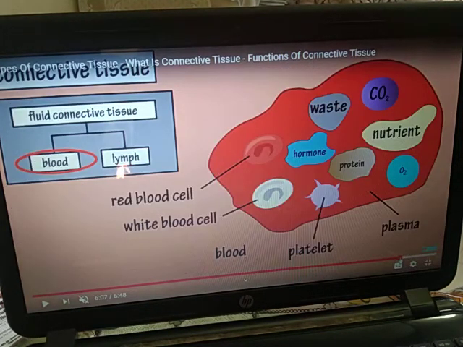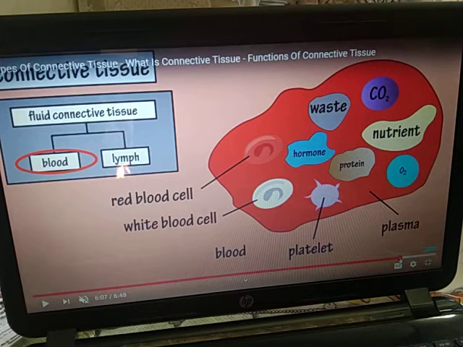Now children, let's come to another connective tissue, that is the fluid connective tissue. Blood and lymph are the two types of fluid connective tissue. Blood has a fluid or liquid matrix called plasma, and in it we have WBCs, that is white blood corpuscles.